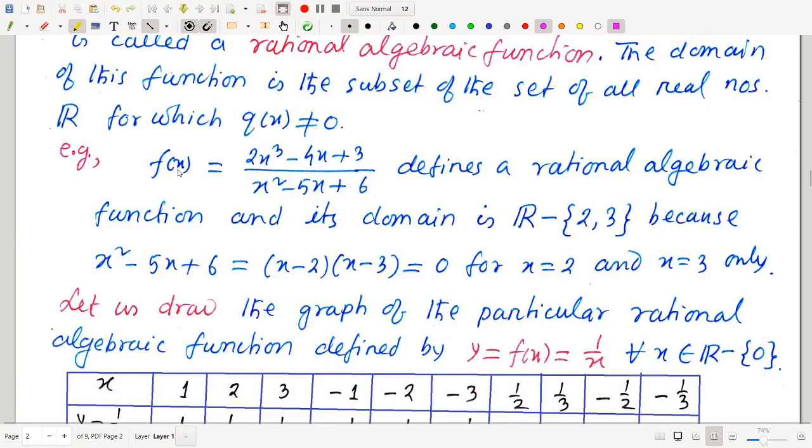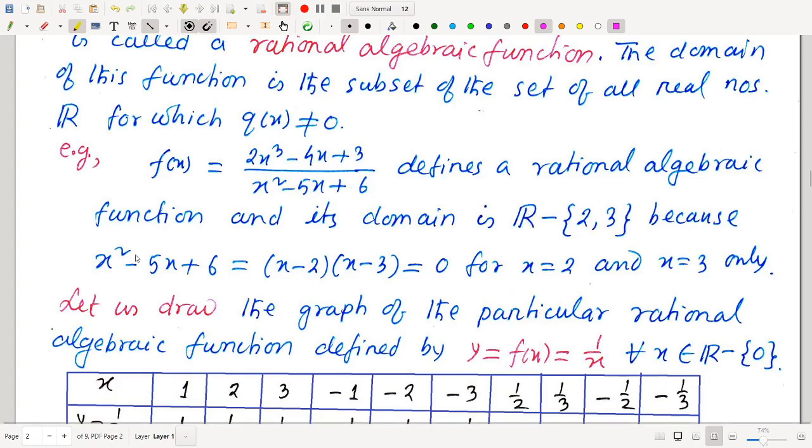For example, suppose f x equal to 2x cube minus 4x plus 3 by x square minus 5x plus 6. Then this defines a rational algebraic function because it is polynomial by polynomial, and its domain is R minus the set {2, 3}, meaning all real numbers except 2 and 3. Why?